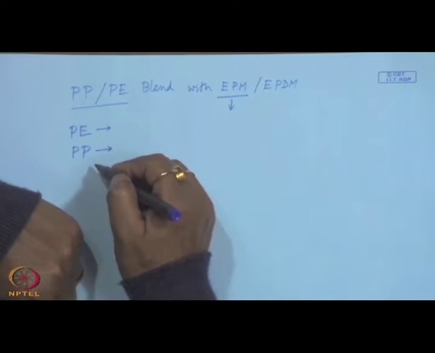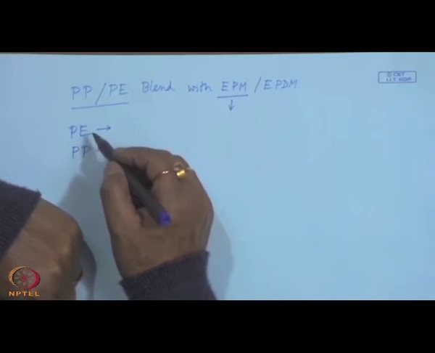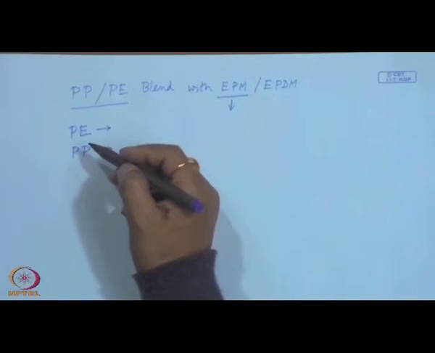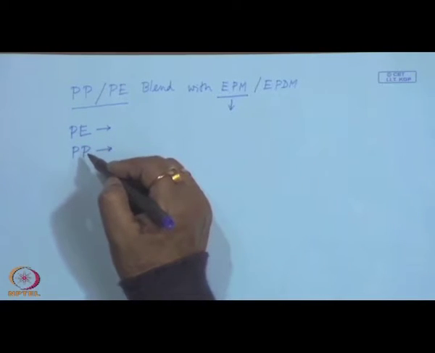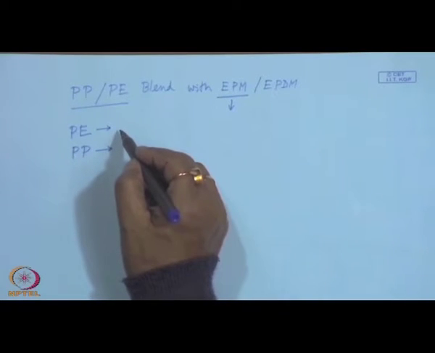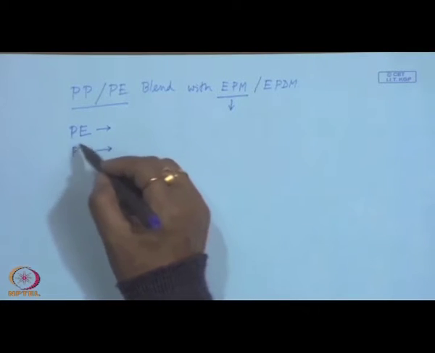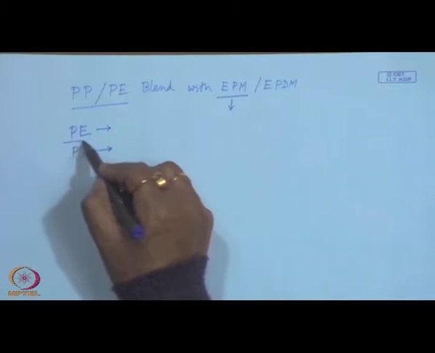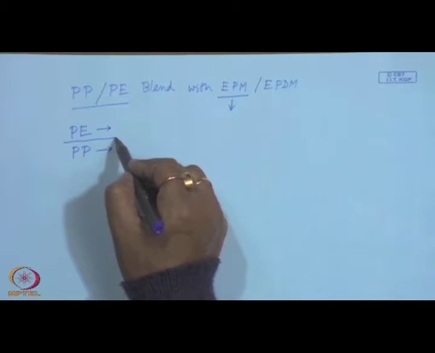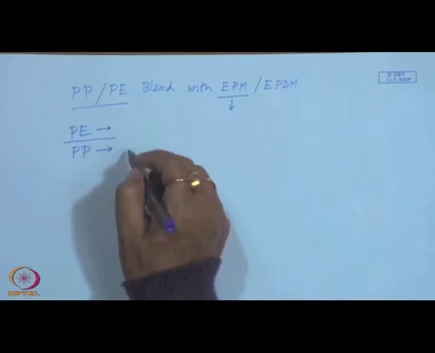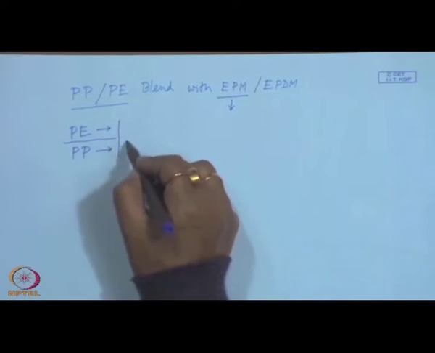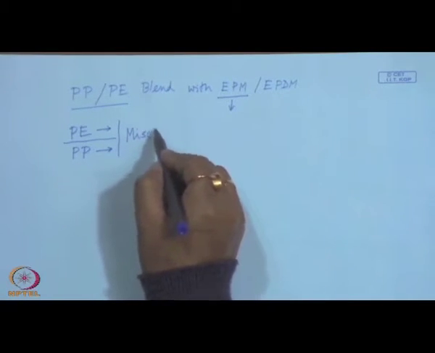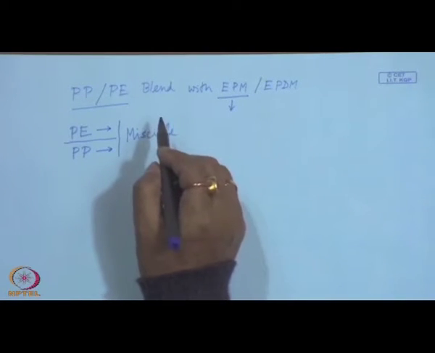As we have found that if some propylene unit is copolymerized with ethylene, it will form a copolymer of ethylene and propylene, that is elastomeric, whereas polyethylene is plastic. The same effect can happen over here. That means they can lead to an incompatible blend. Now, that can be made miscible provided some compatibilizer is used.